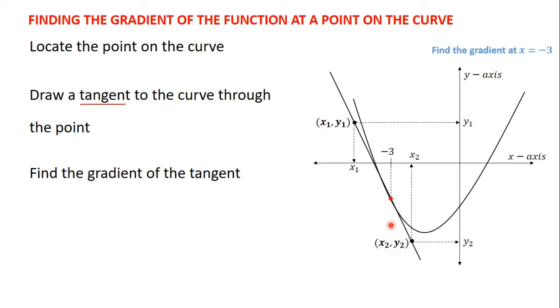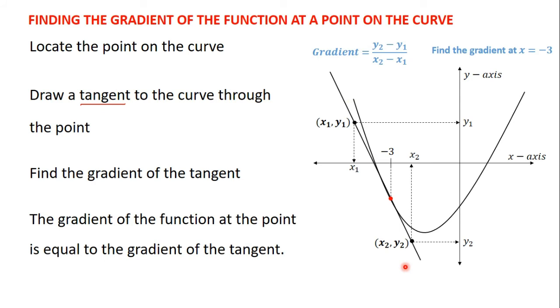With the coordinates of these 2 points, we can find the gradient of the tangent by using the formula gradient is equal to y2 minus y1 divided by x2 minus x1. The gradient of the function at a point is equal to the gradient of the tangent.